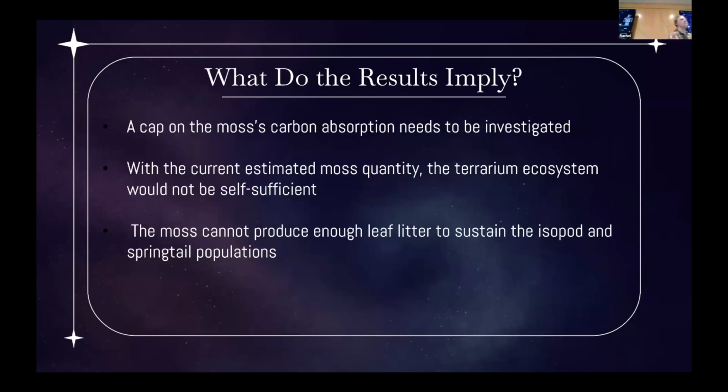Probably the main thing you're going to notice about those simulation results is the carbon pool for the moss system is relatively large, so that definitely needs to be adjusted, because moss species cannot continuously absorb carbon. There is a cap to what they can absorb.